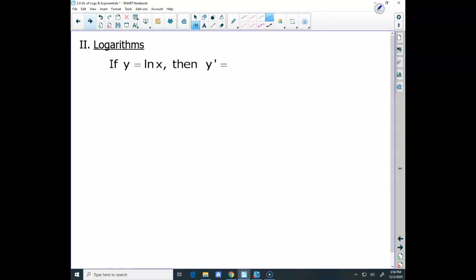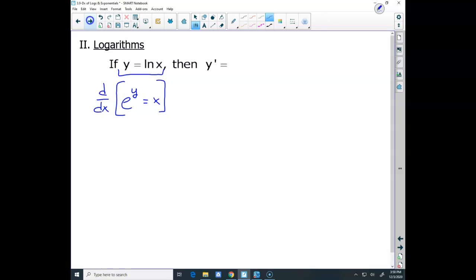Well, in order to get that, let's change the form of that. The changed form is e to the y equals x, isn't it? And if I take the derivative of that, I'm going to find the derivative of that logarithm as an exponential.